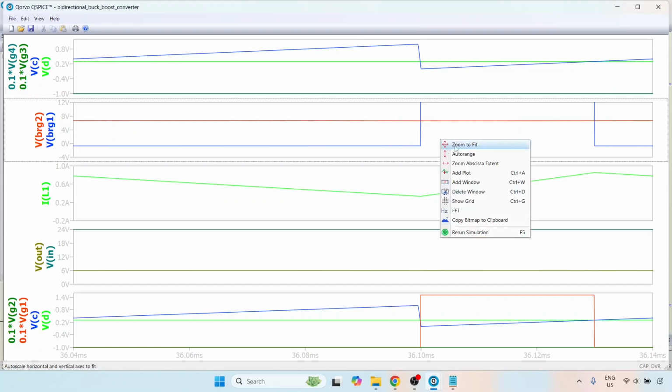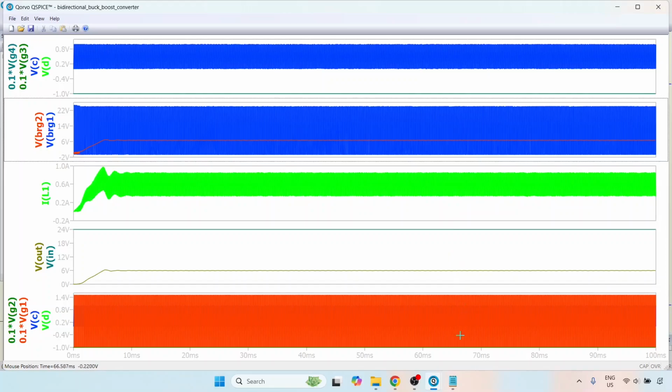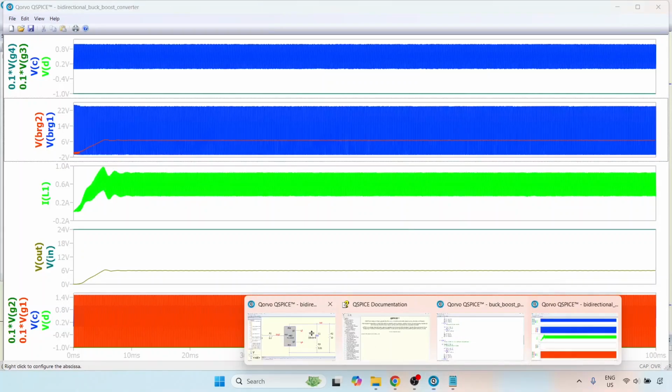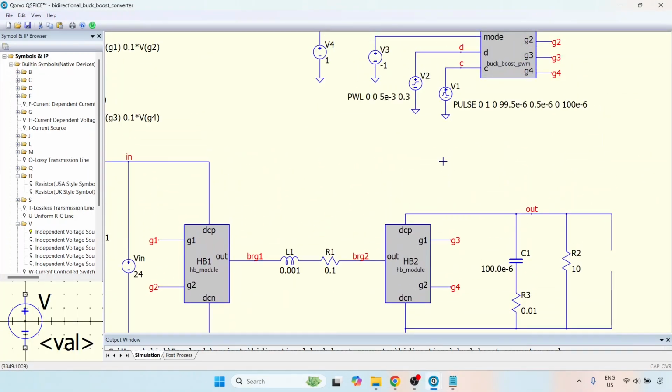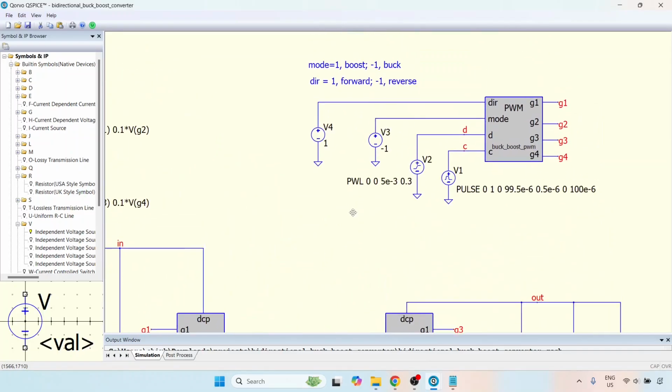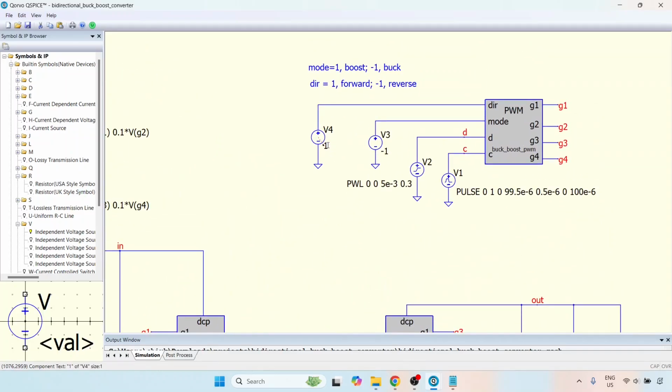Now, let's flip this over and run another example. What we did here was forward buck. Let's change it to reverse boost, just for the sake of an example.